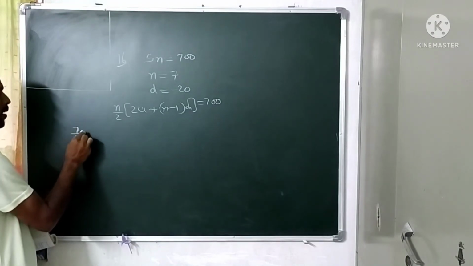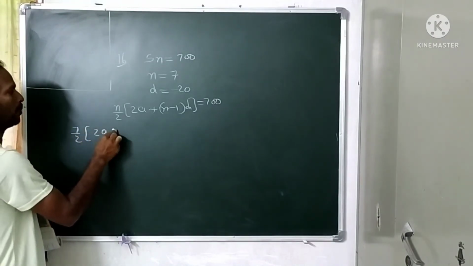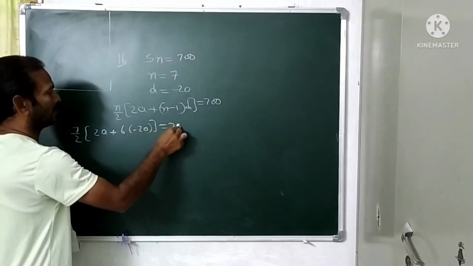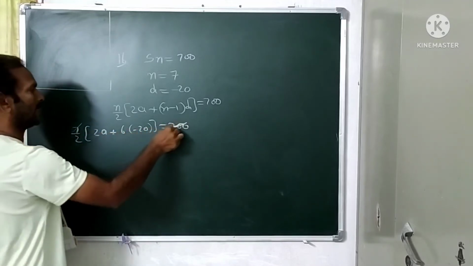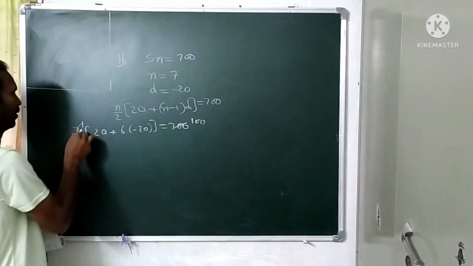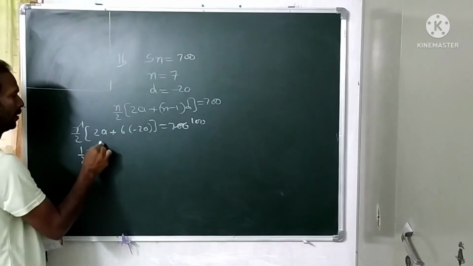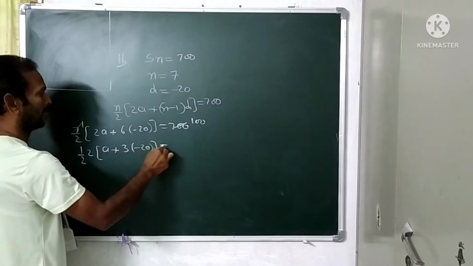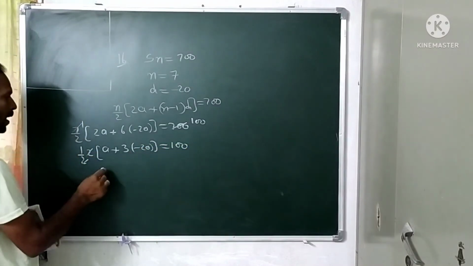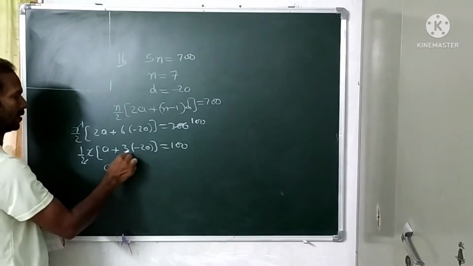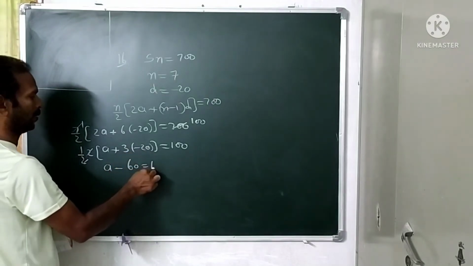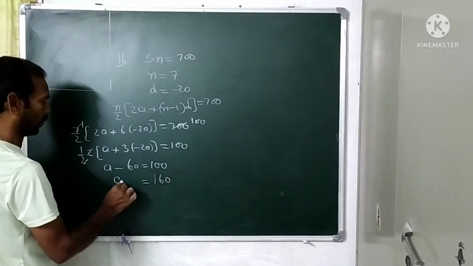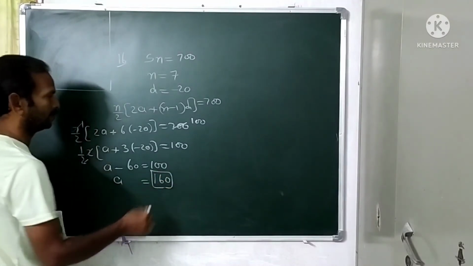So 7 by 2 into (2a plus (7 minus 1), 6 times minus 20) is equal to 700. 7 cancel here, 100 times 1 by 2. 2 common take: a plus 3 times minus 20 is equal to 100. 2 cancel. a minus 3 into 20, 60, is equal to 100. a is equal to 160. So first prize is 160.